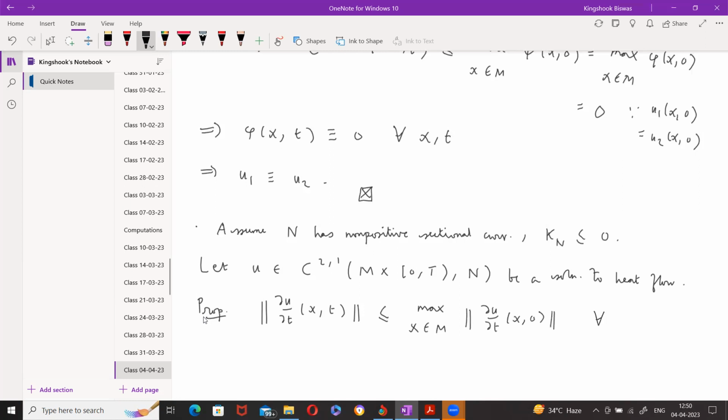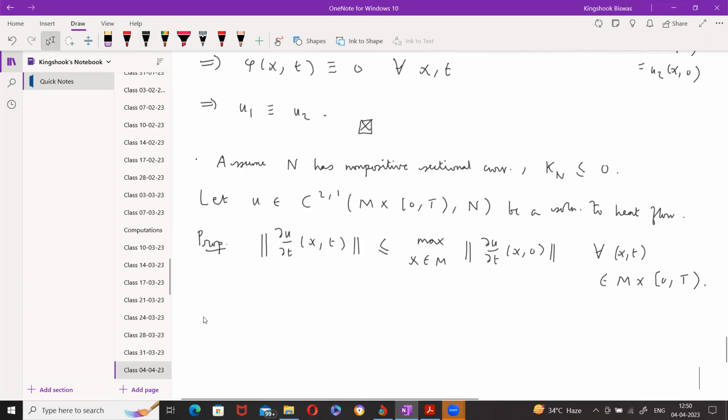This is for all xt in M cross closed 0, open T.